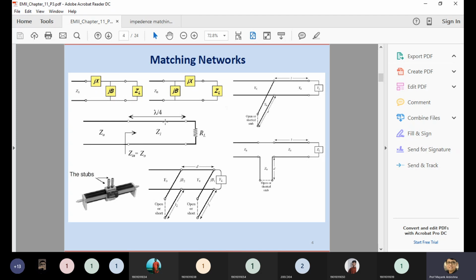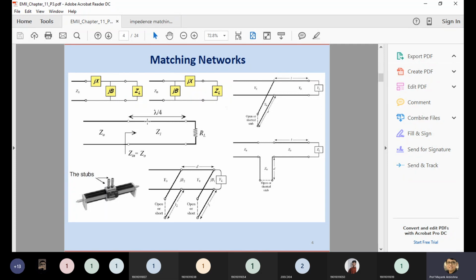In transformer matching, we are not inserting a transformer, but we are inserting a lambda by 4 length of wire. Suppose the frequency of the transmission is 1 megahertz. According to the 1 megahertz, you can find the lambda, and according to the lambda, you can find the lambda by 4. This much wire we insert between Z0 and RL.